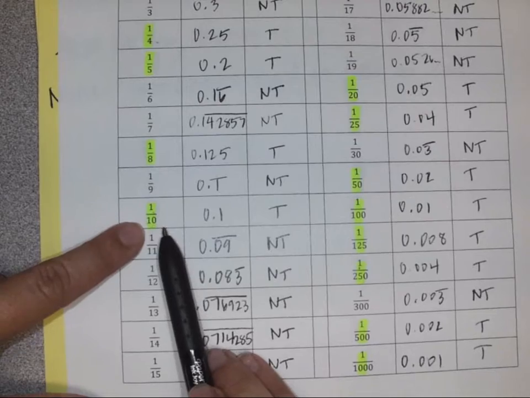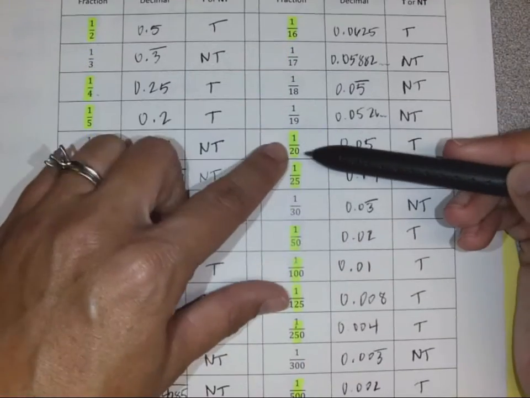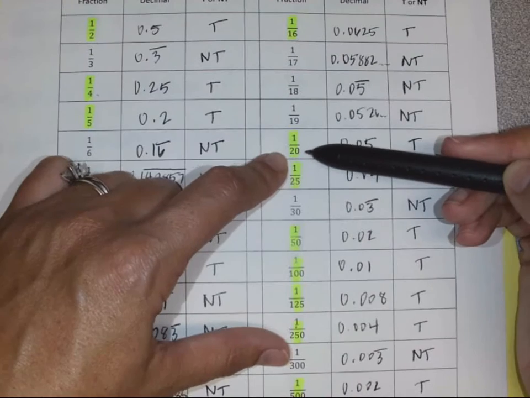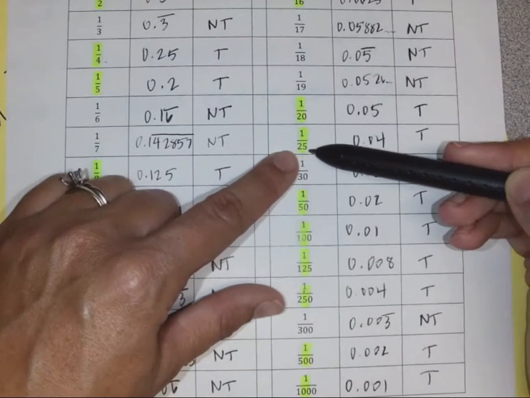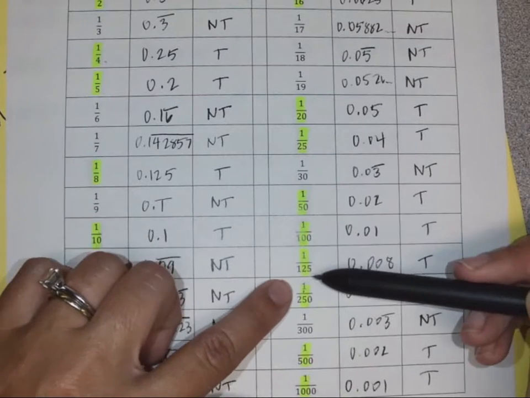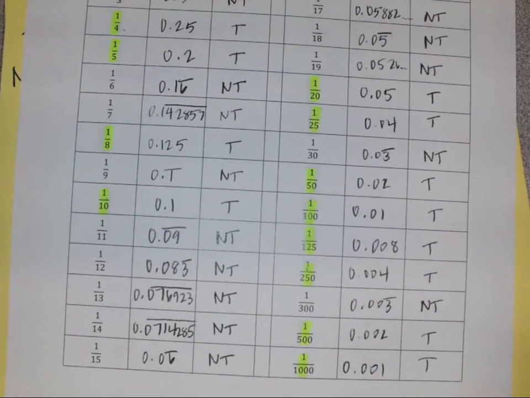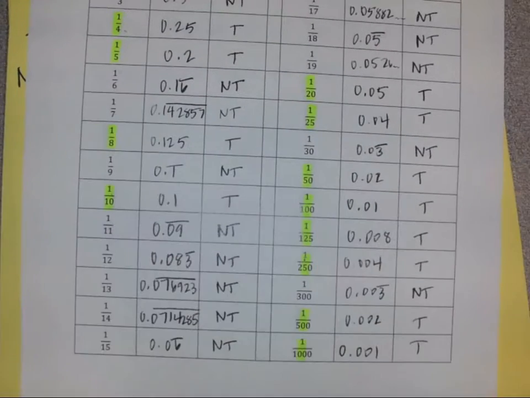This is a multiple of 2 and 5, because 2 times 5 is 10. Here, that's just 2. Here, 20 is 2's and 5's. 25 is just 5's. 50 is 2's and 5's. 100 is 2's and 5's, and so on. So all of these are a number that is either a multiple of 2 or a multiple of 5, or it can be both. Okay?